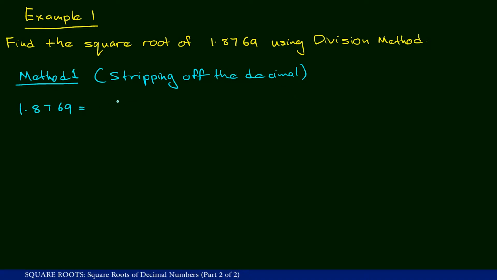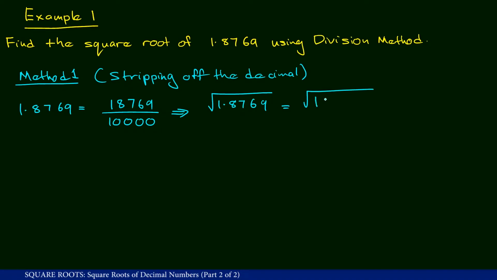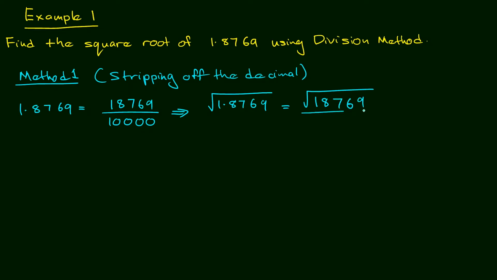1.8769 can be written as 18,769 over 10,000, which means that square root of 1.8769 can be written as square root of 18,769 over square root of 10,000.